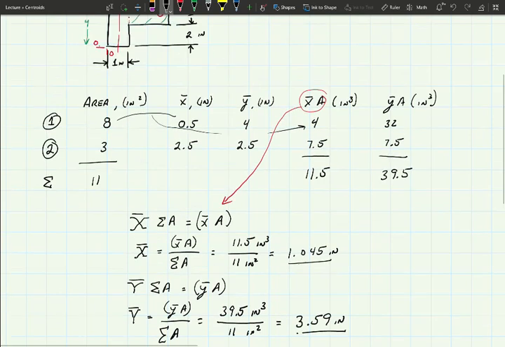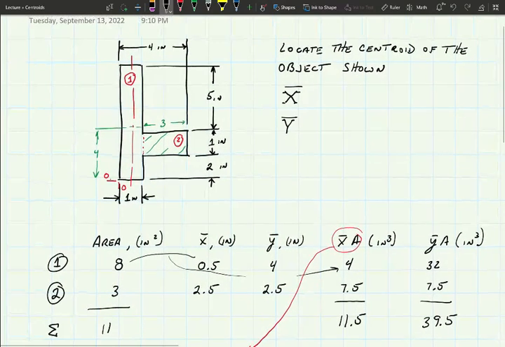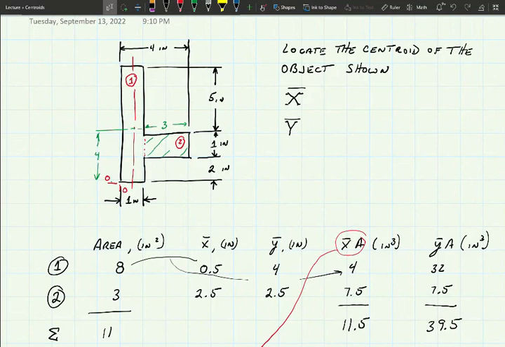Now let's take that and put it back in perspective here, okay? So I need a different color here. Let's use blue. So I'm going 1.045 inches in this direction from the baseline of 0, and that'll put it someplace kind of out here, okay? And then from the 0 going up, I am 3.59.